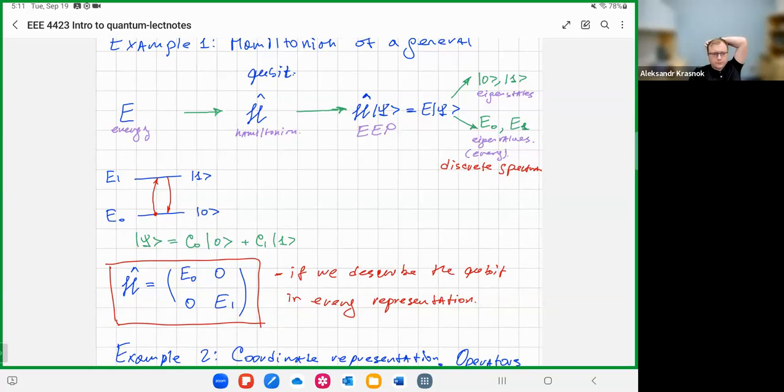Today, later, we will discuss another very classical problem or textbook problem for solving such an equation.